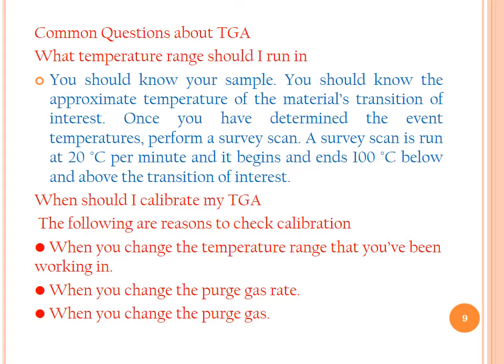When you change the purge gas, both the purge gas rate and the purge gas, it may be nitrogen, it may be helium, meaning any inert gas. In order to avoid reaction of the sample under investigation with the environmental gases, we purge the environment of the sample, meaning the environment of the furnace in the TGA, to avoid any side reaction of the sample with the gases in the environment of the furnace.